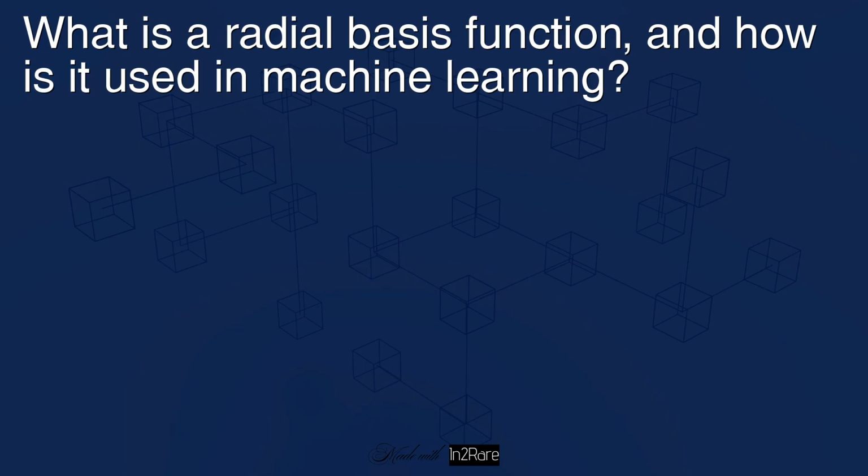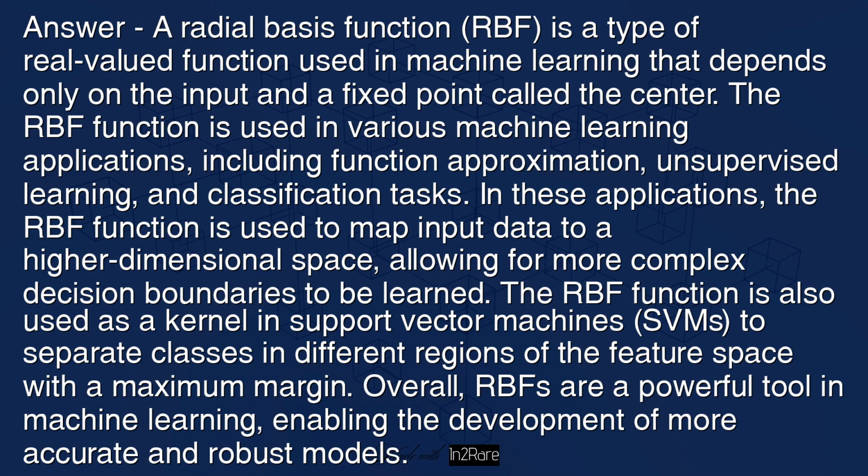What is a radial basis function, and how is it used in machine learning? Answer: a radial basis function (RBF) is a type of real-valued function used in machine learning that depends only on the input and a fixed point called the center. The RBF function is used in various machine learning applications, including function approximation, unsupervised learning, and classification tasks.